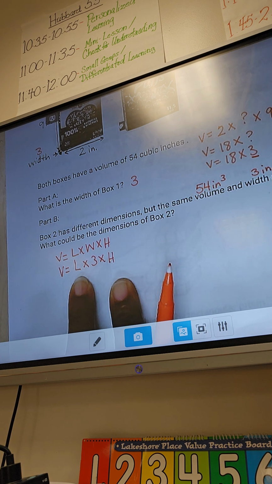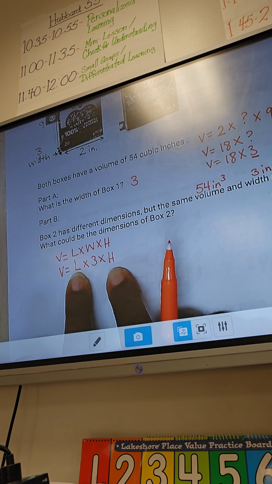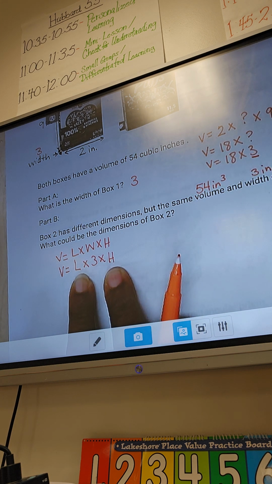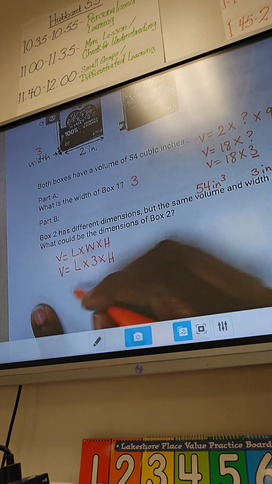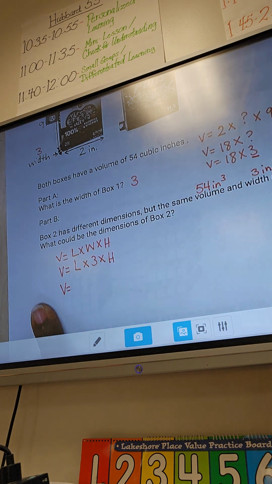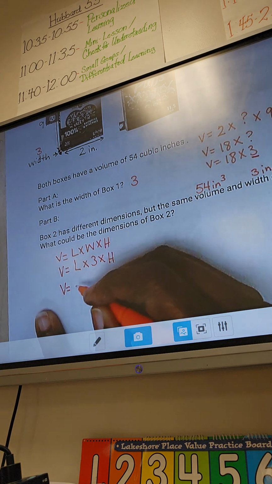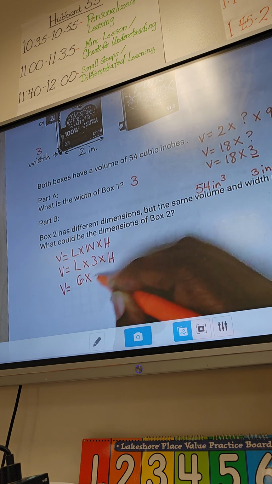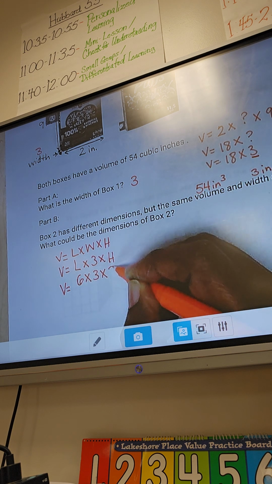If I multiply the length times the height, it has to equal 18. So what are two other numbers besides 2 and 9 that would equal 18? That's what you plug in here. So volume equals what's a number? 6 and 3. So 6 times 3 times 3.